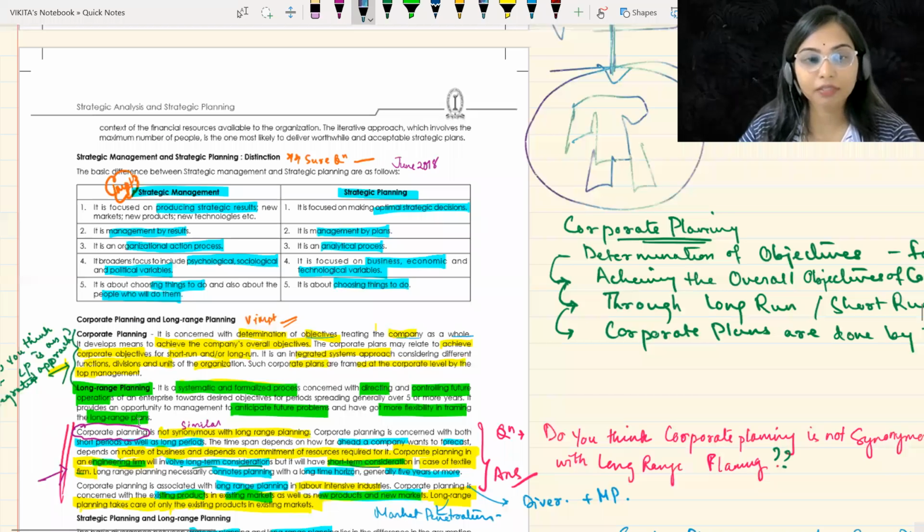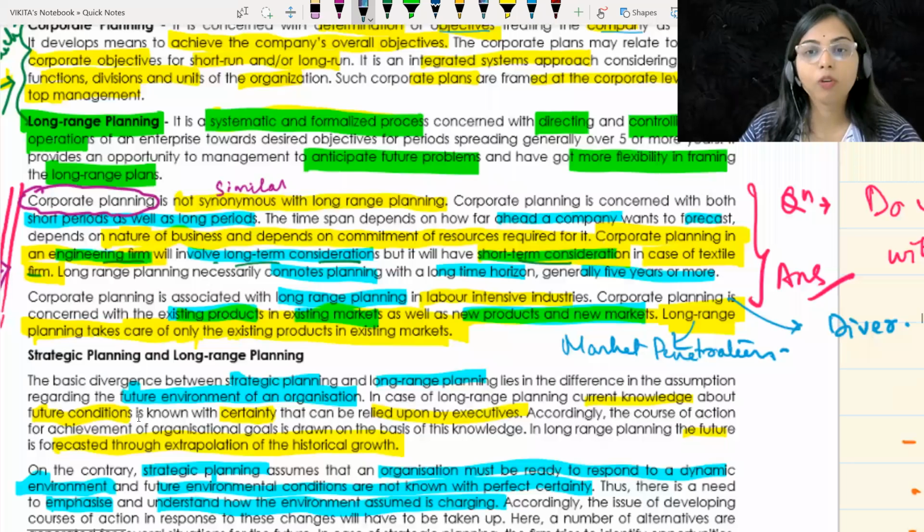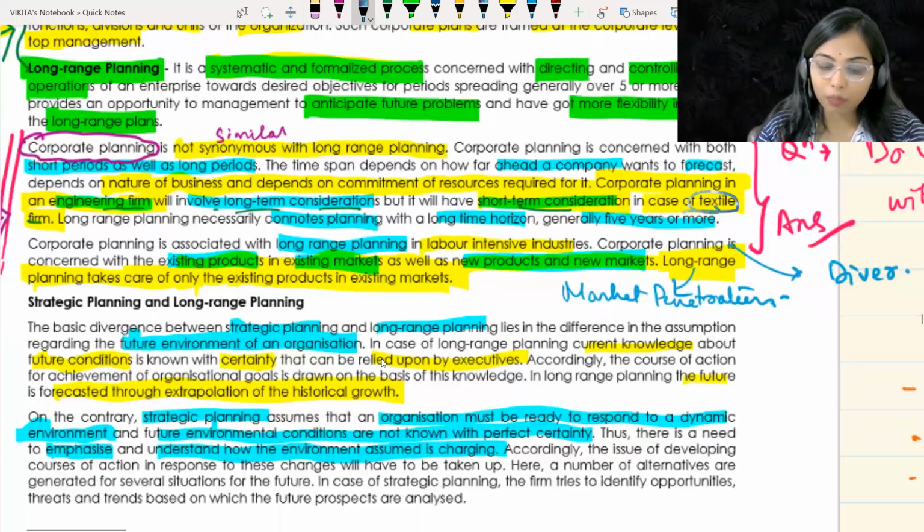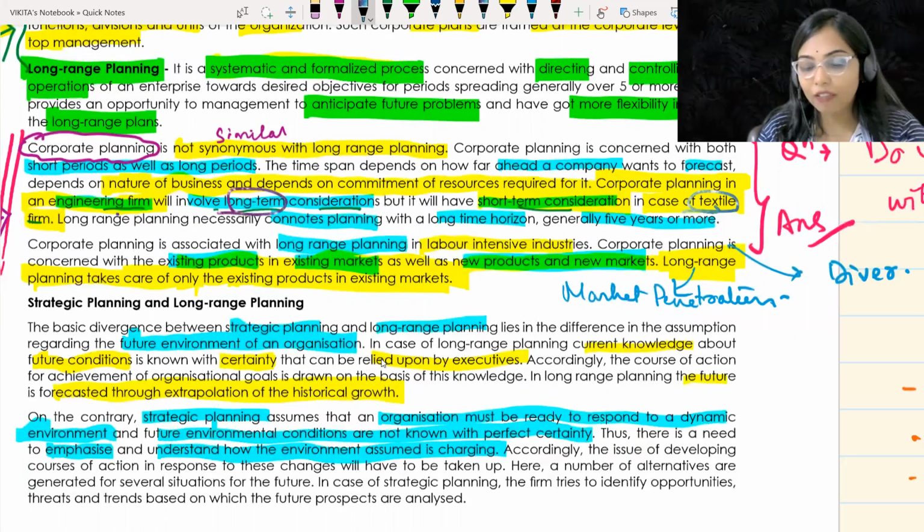Understanding, everyone? So here you write that corporate planning in an engineering firm involves long term consideration, but will have short term consideration in the case of a textile firm. Long range planning necessarily connotes planning with a long term horizon, over 5 years down the line.